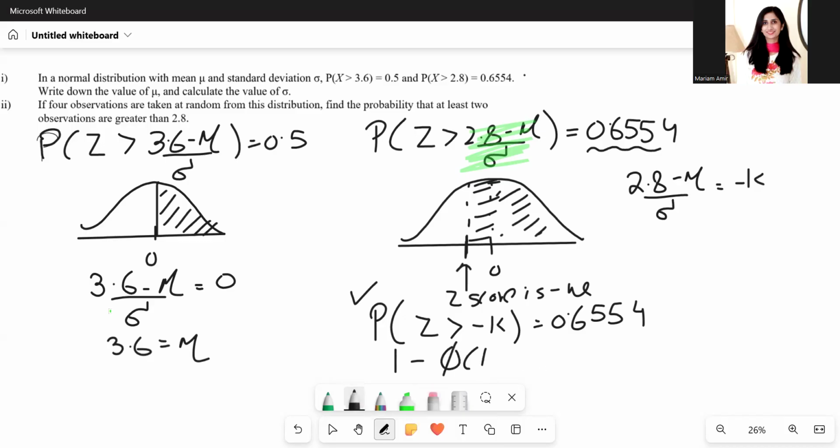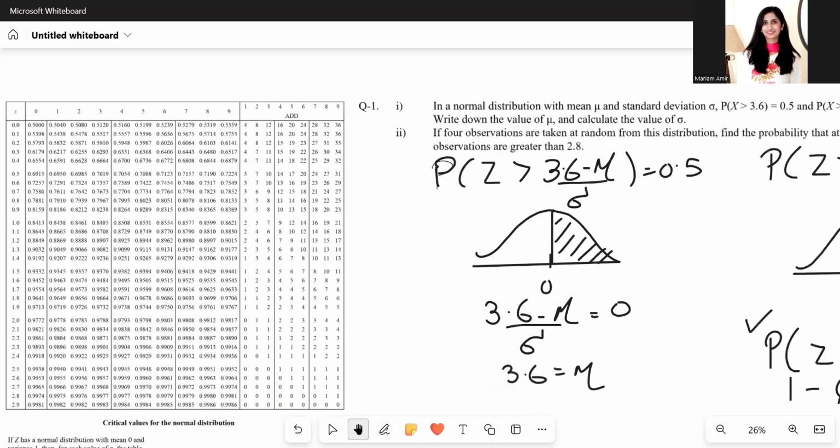So I'm writing phi k equals 0.6554, which becomes phi k equals 1 minus 0.6554, which is 0.3446. Okay. Now we're going to go to the table, find the z-score for which probability is equal to 0.3446.